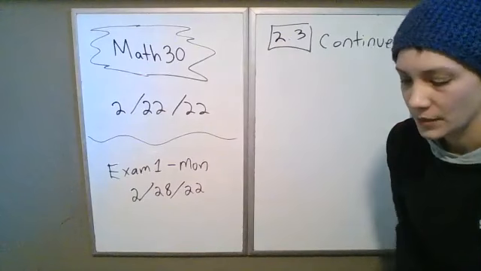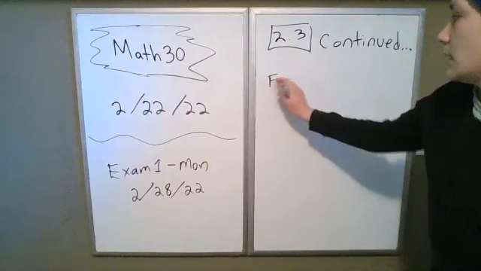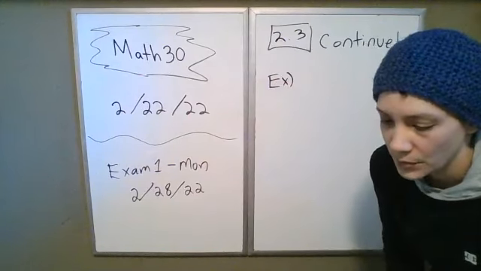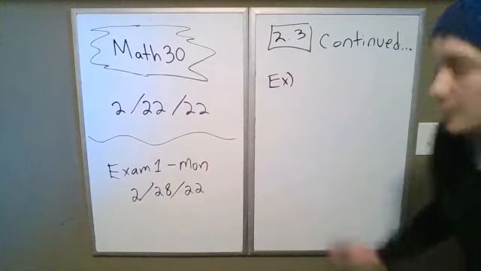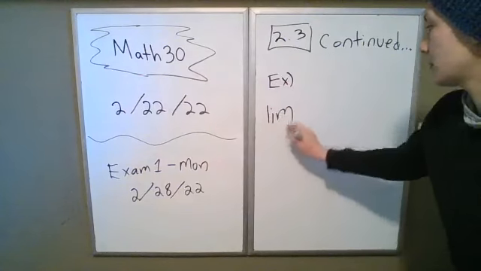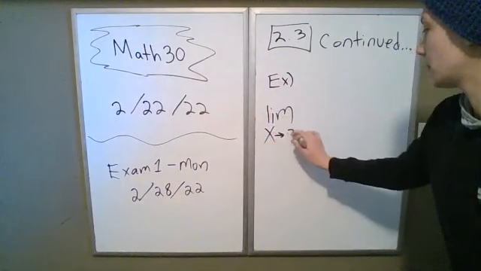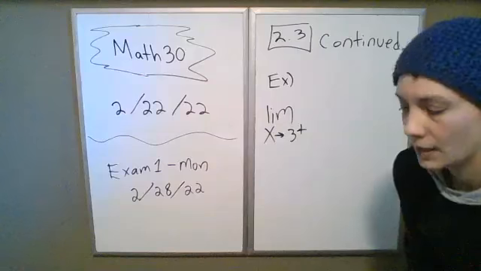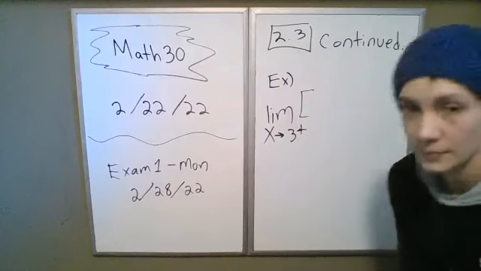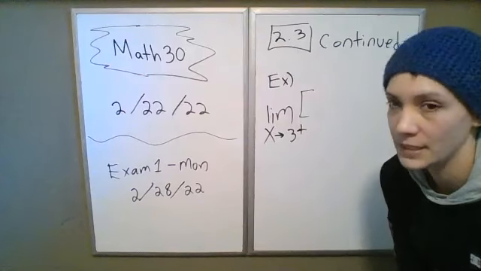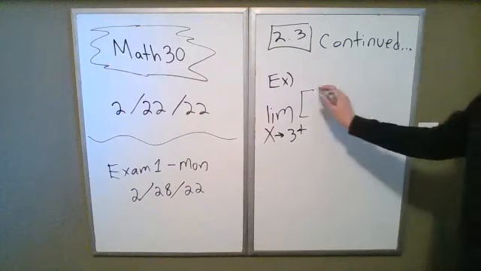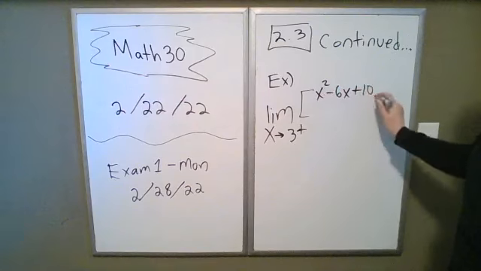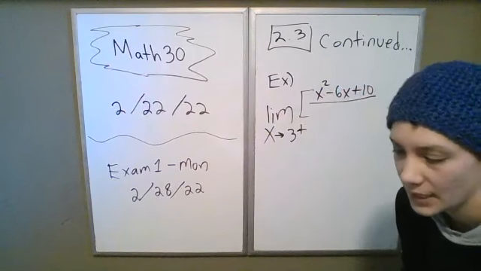Okay, so our example was the limit as x goes to 3 from the right of x squared minus 6x plus 10 divided by x minus 3.